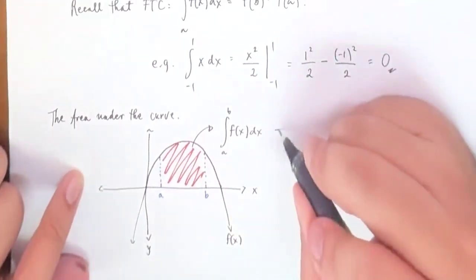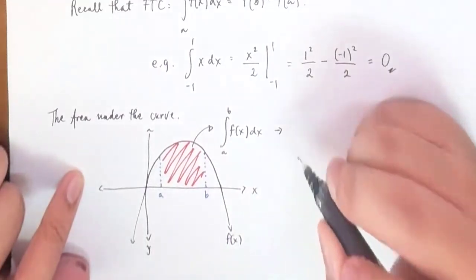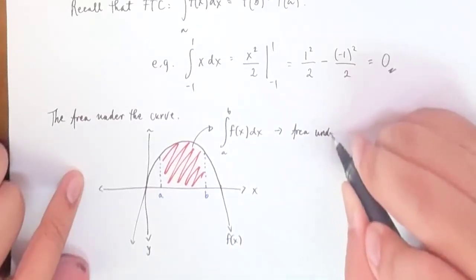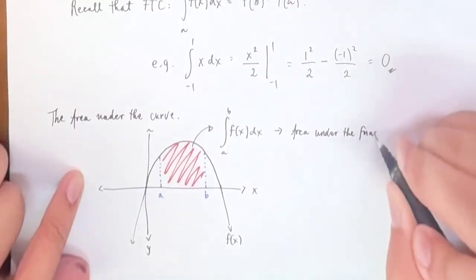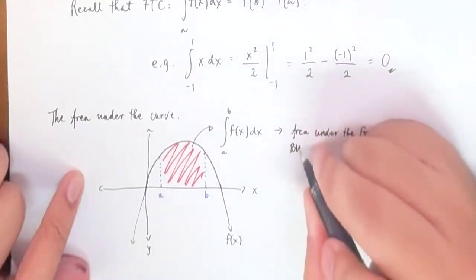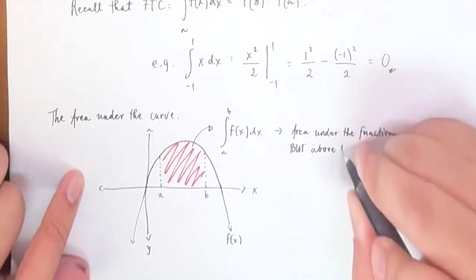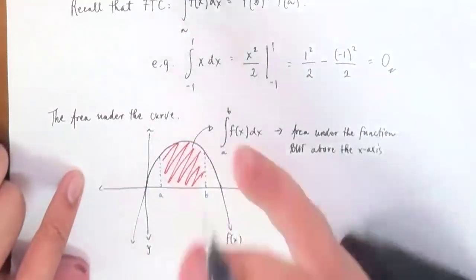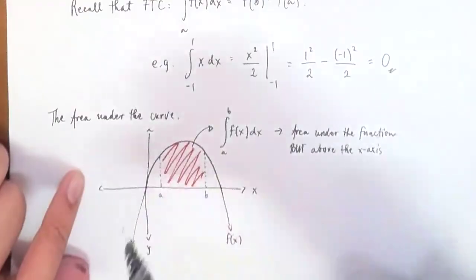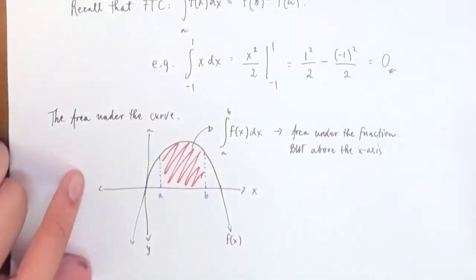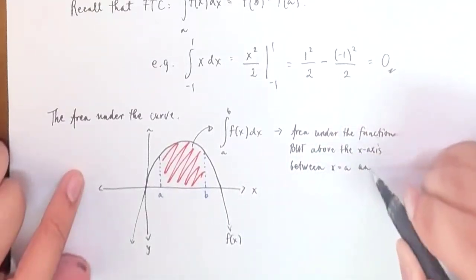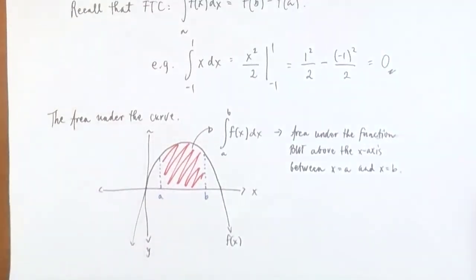So this tells you the area under the function but above the x-axis. As you notice, this is our x-axis, and the area on top is what we're considering, between x equals a and x equals b. Okay. Now that makes sense.